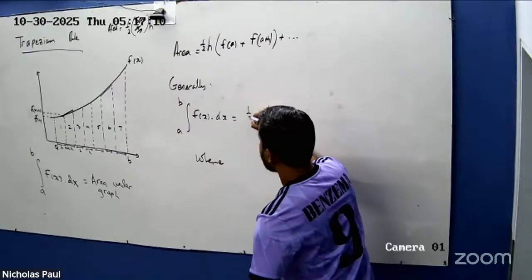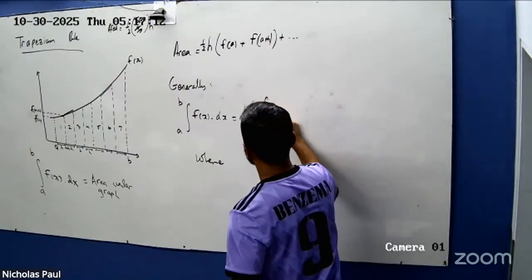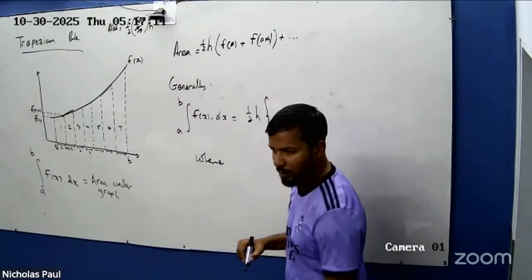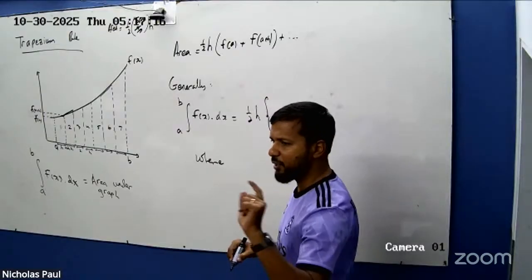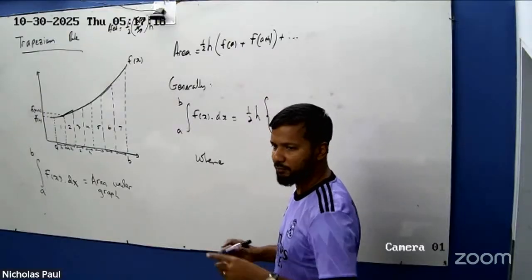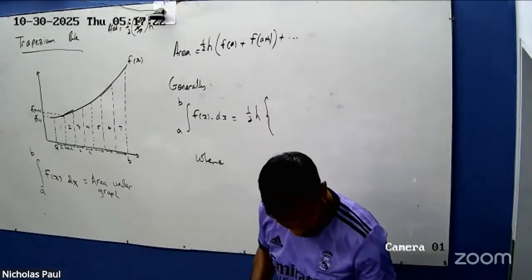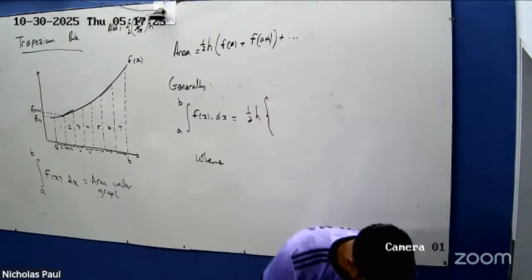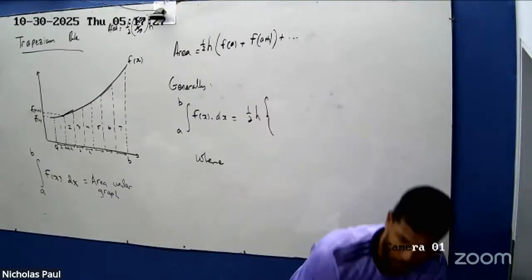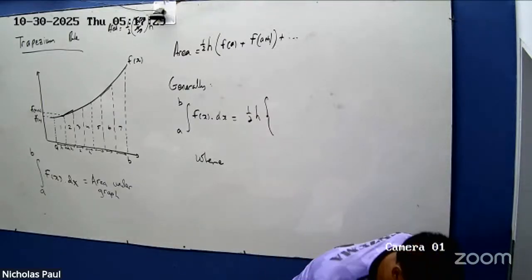one half h by. Anybody have the formula sheet?